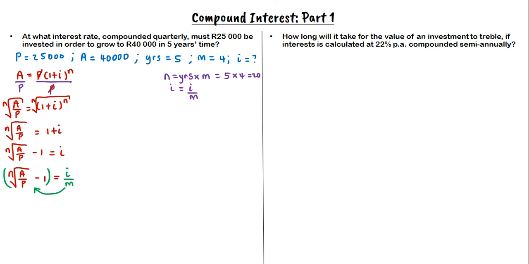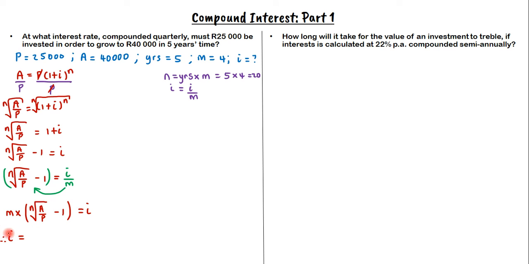Now when I do that, my final formula becomes M times the nth root of A over P minus 1 equals I. This helps me very much because now I only get to press the calculator once. I know a lot of people like to do it step by step, but for me this works very well.